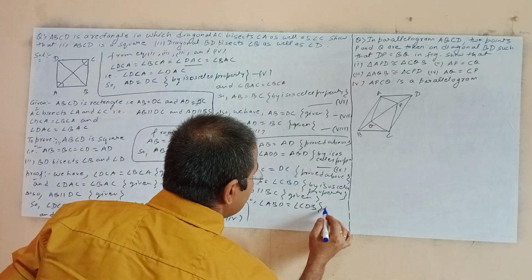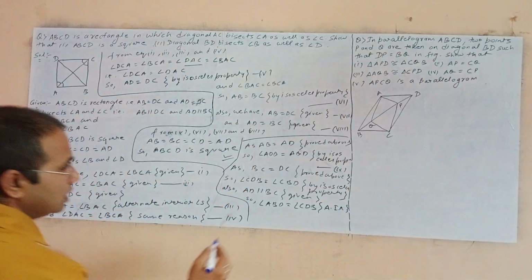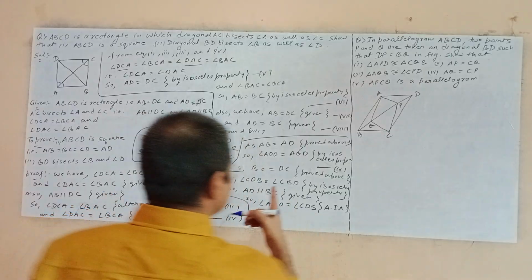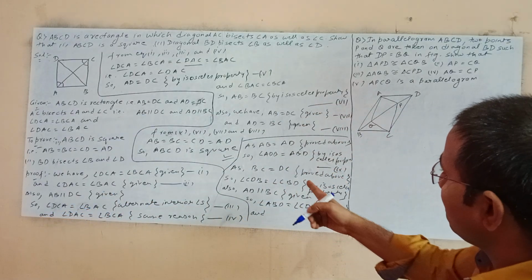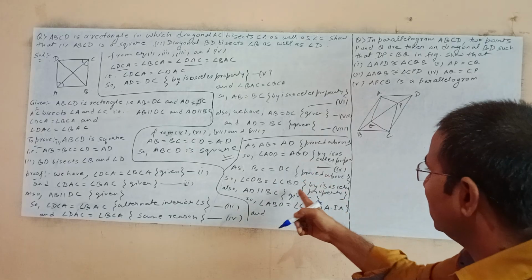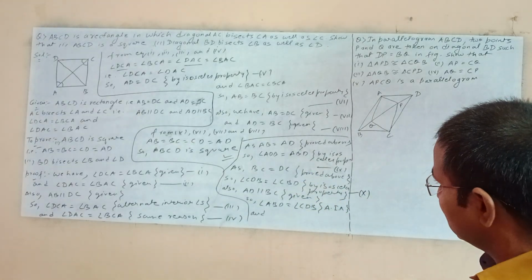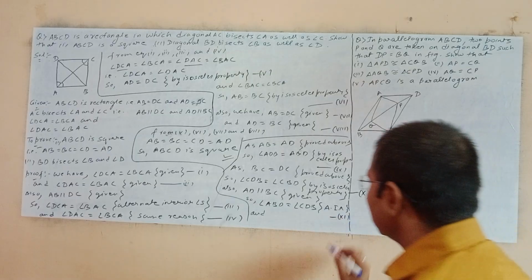Why? Alternate interior angle. Here we have taken the ninth equation, and this is the 10th equation, and here you will consider the 11th equation.